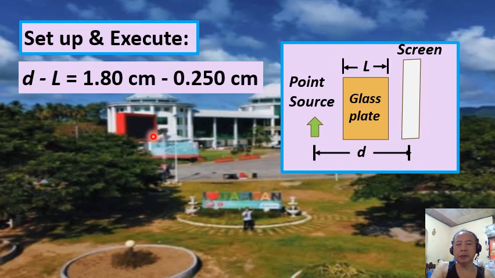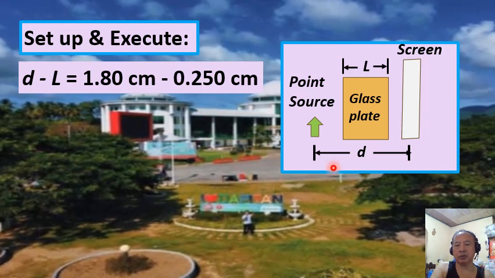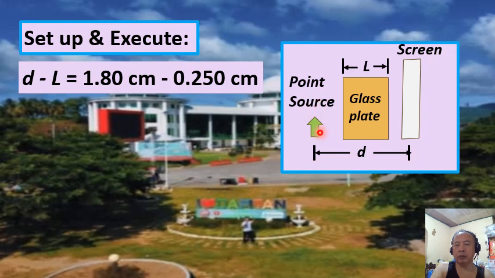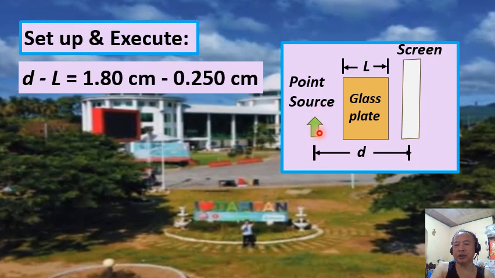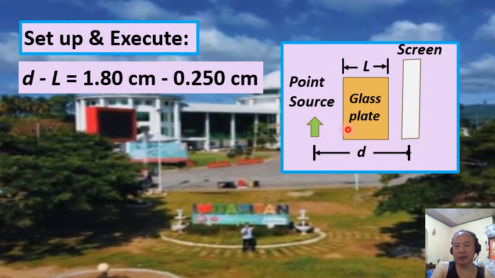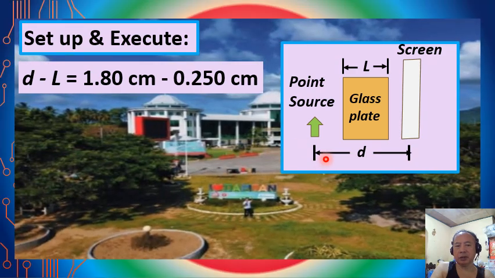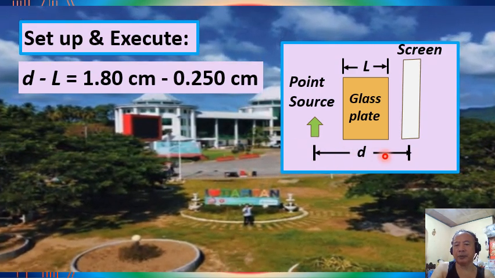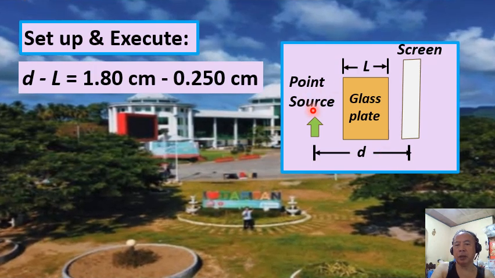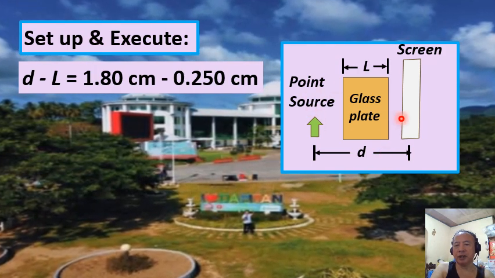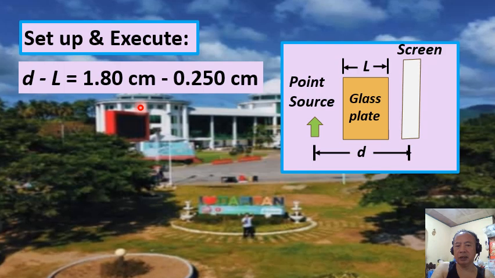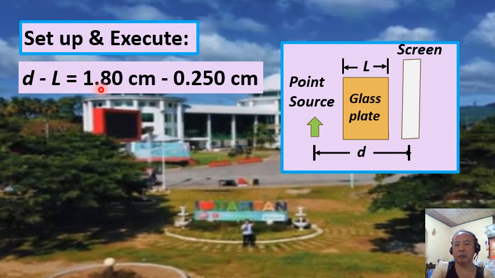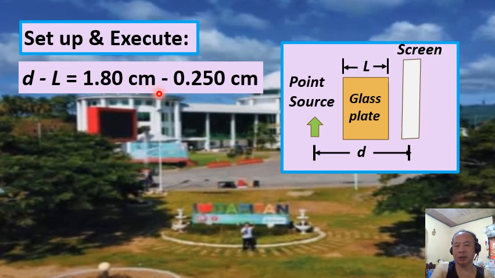The main goal in this problem is to determine the number of wavelengths between the point source and the screen. That means the distance d, or the distance of separation between the point source and the screen, which actually is given as 1.80 centimeters.